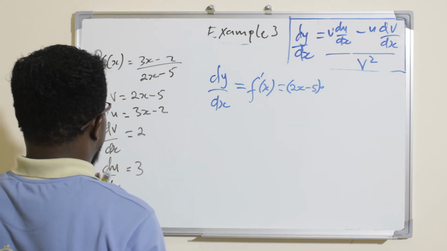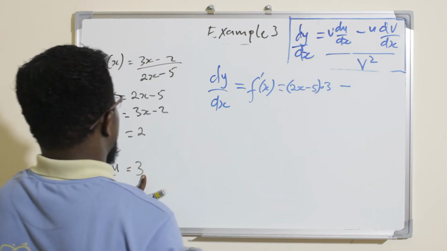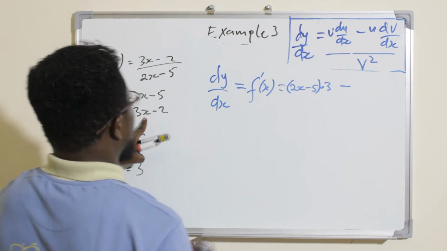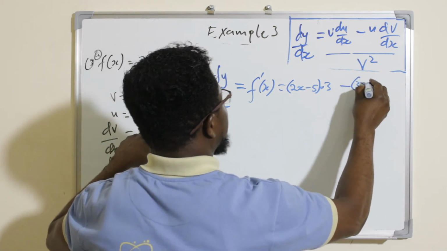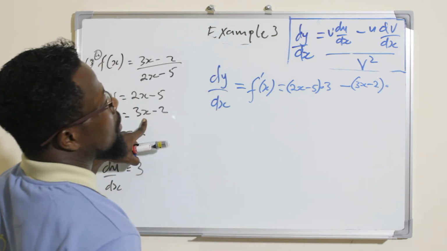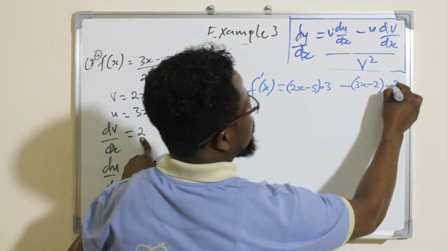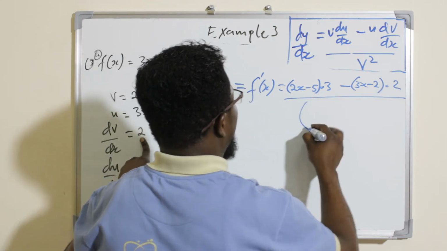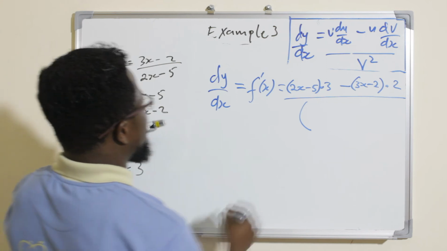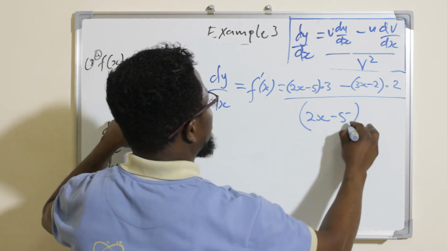The du dx is here, which is 3, and then a minus sign, and what we have is u, which is 3x minus 2, multiplied by dv dx, and the dv dx is 2. All divided by v squared, and v is 2x minus 5, so 2x minus 5 squared.